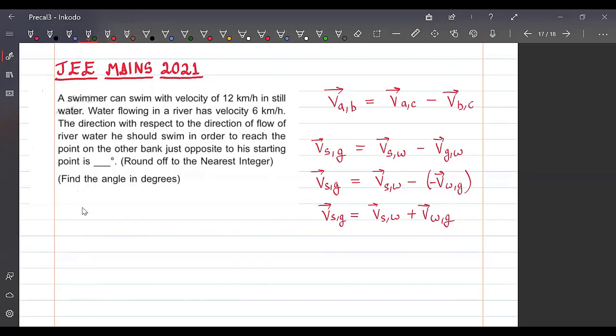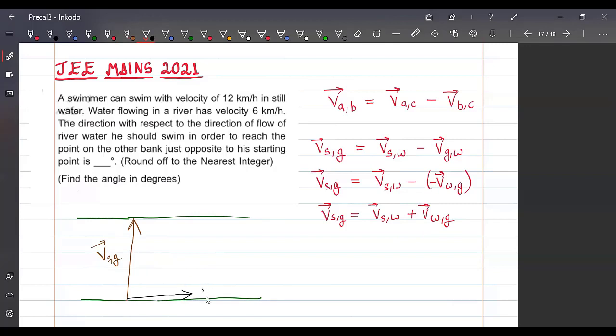Now, if I have the river looking like this, to reach the opposite side, I need the velocity of the swimmer with respect to ground to be perpendicular. This is velocity of swimmer with respect to ground. And the velocity of the swimmer with respect to water is what we have to find, and velocity of water with respect to ground is of course flowing in the horizontal direction.